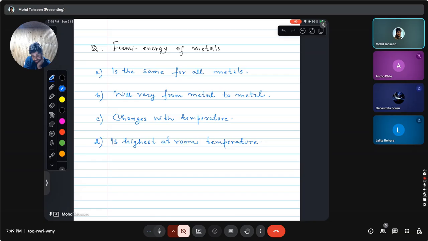Any thoughts? Which of these statements is true for Fermi energy?